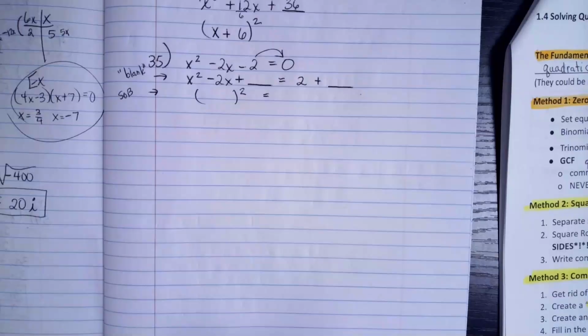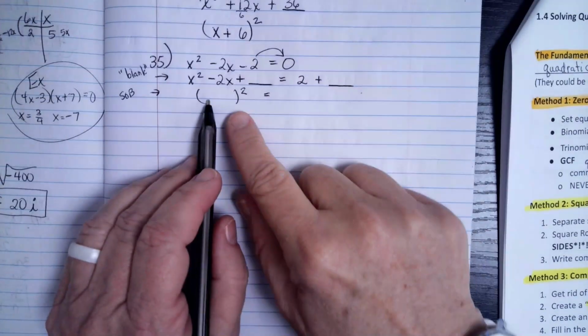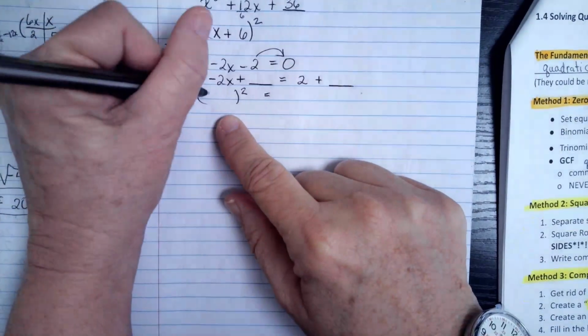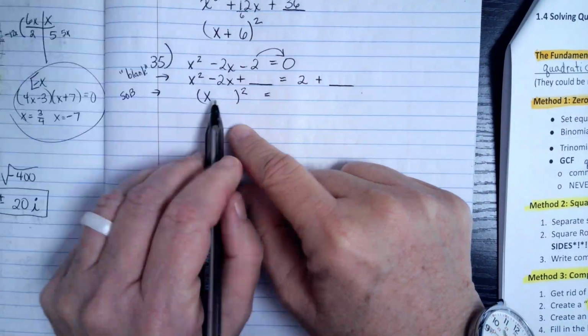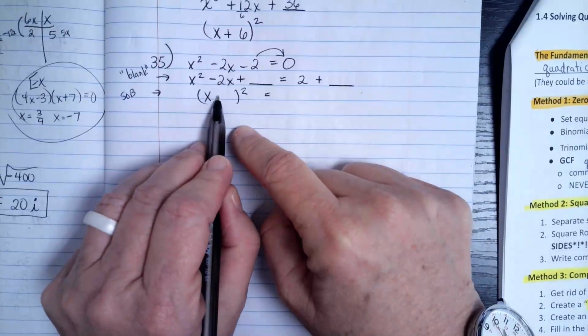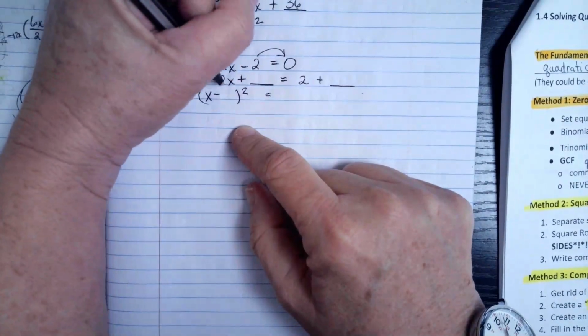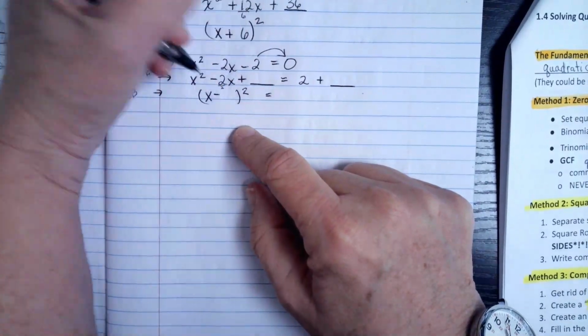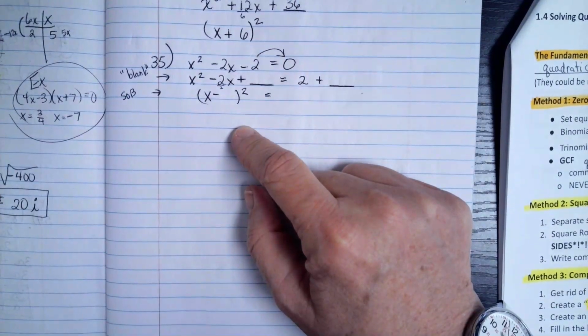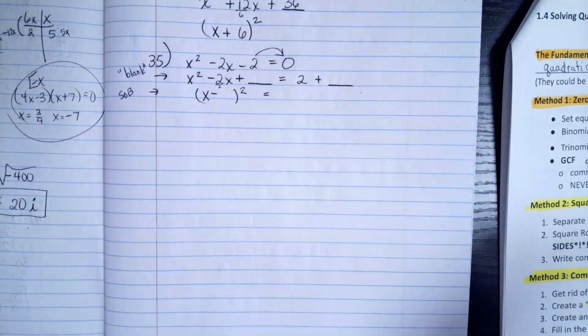And that's what we just did a minute ago, isn't it? So, what's in my SOB? X. What will this sign in the middle be? Negative, because I'm dividing -2 by 2. Because remember, it was first times last times 2.